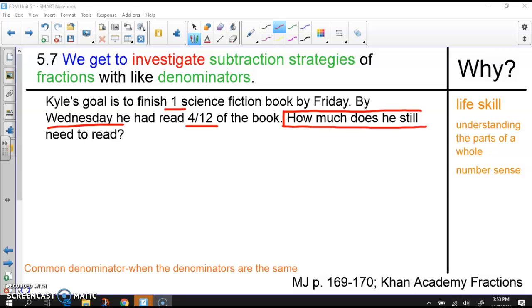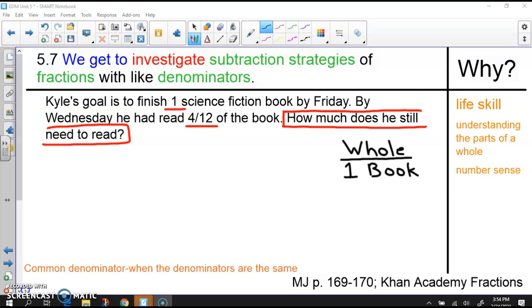So if you think back to when we added our fractions, one of the things that we needed to think about and figure out is what represents our whole. So this time when we're talking about one whole, we are talking about one book. And so I'm going to go ahead and label this whole as one book.